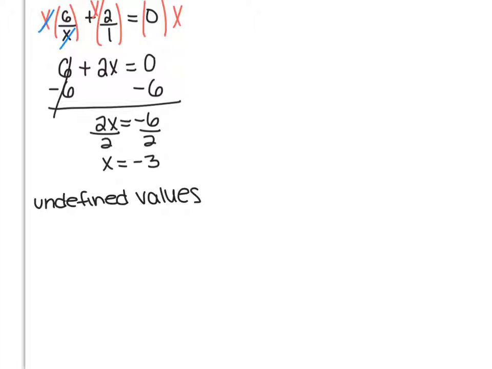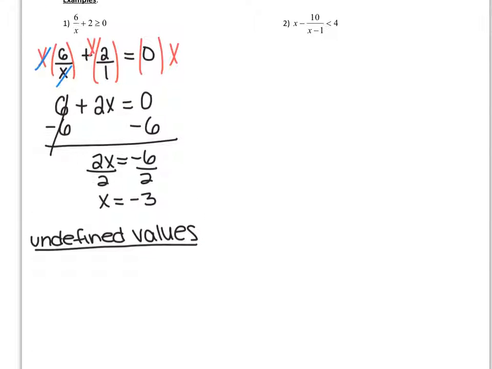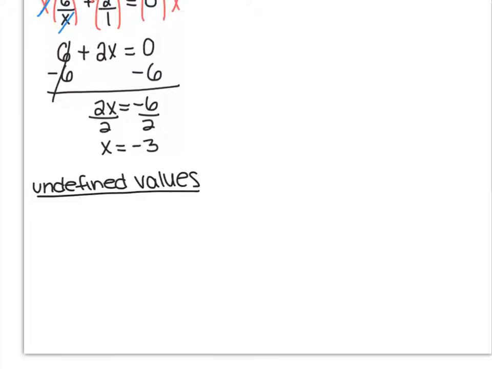The way that we find the undefined values, remember, is that we set the denominators equal to 0. So this denominator is an x. So I'm going to set that piece equal to 0. So undefined when x equals 0. Now remember, undefined values will always have open circles.